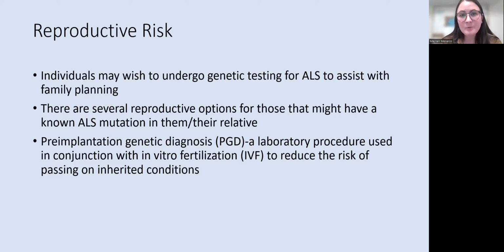So you can do PGD through what's called non-disclosure PGD, where essentially they would still test your embryos, they would still implant the ones that are unaffected, but they're not telling you whether or not any were affected in the first place. They're not telling you your own status that way. So really the summary is that there are prenatal and reproductive genetic counselors that can help patients talk through these things when there's a known genetic mutation in the family.